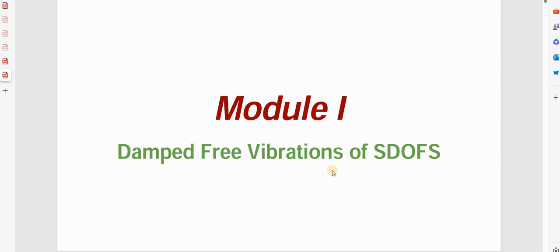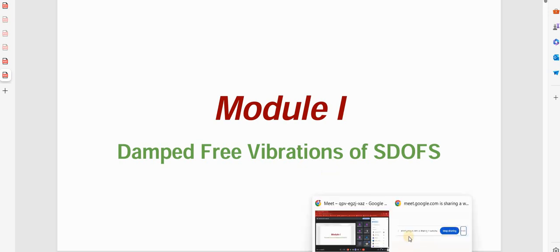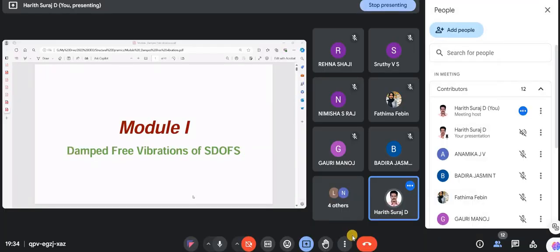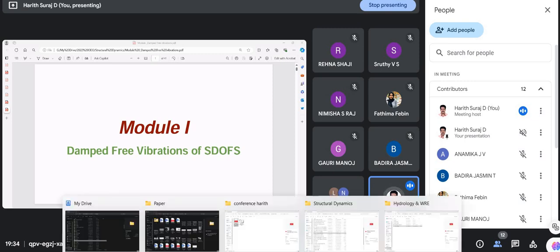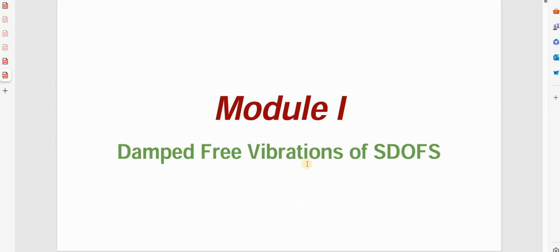So far we have discussed undamped free vibration systems in the last class, and here we will be dealing with free vibration itself, but it is damped.